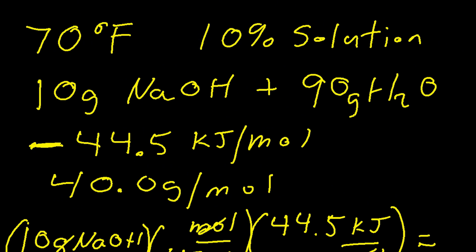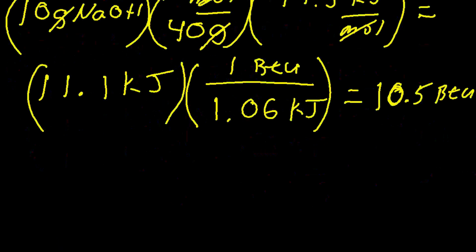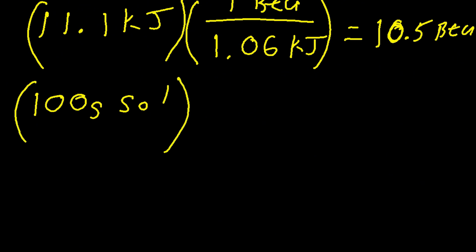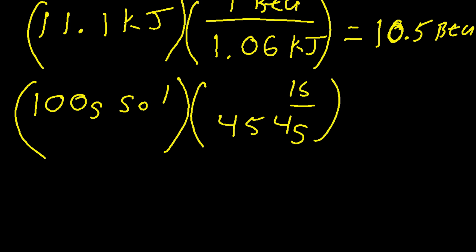Now the heat capacity of that solution isn't exactly water, but why don't we start out with that assumption, and maybe we'll come back and fix it up a little bit later. So we have 100 grams of solution, and we can turn that into pounds. We can use our favorite conversion, which is 454 grams per pound. When we come out with that, we're going to get a little less than a quarter pound. So 100 divided by 454, we get 0.22 pounds.